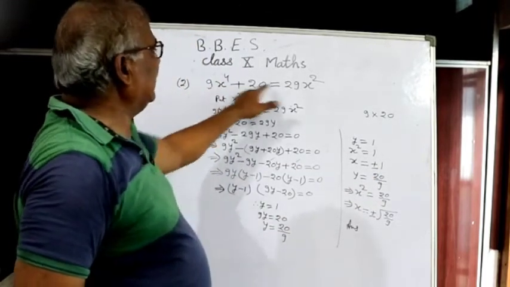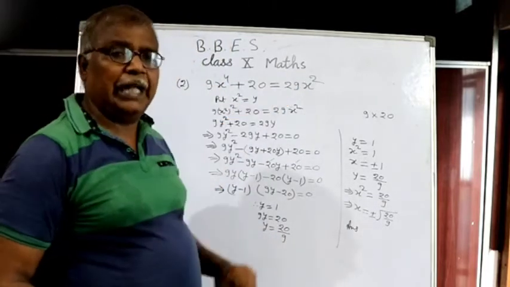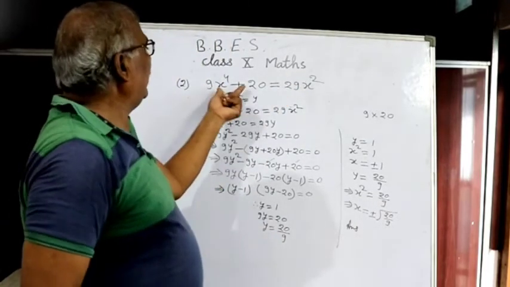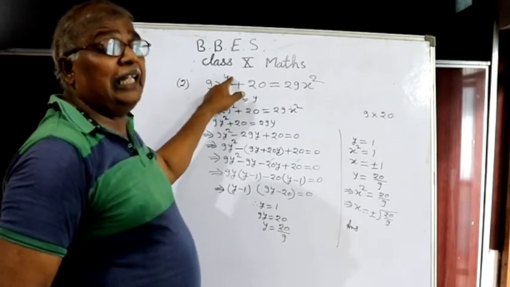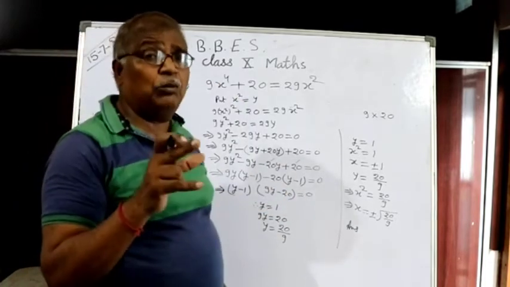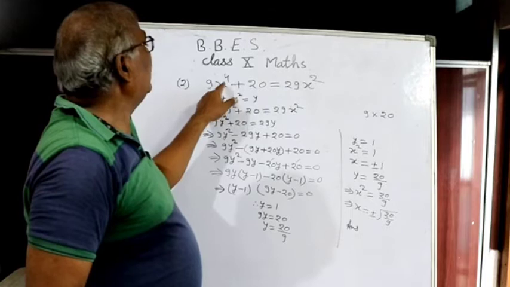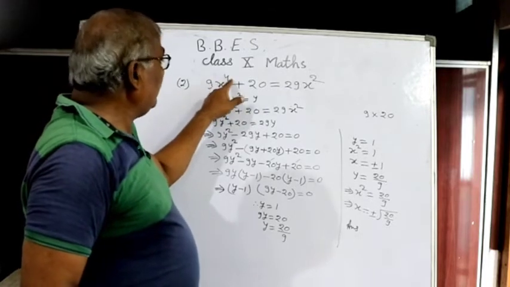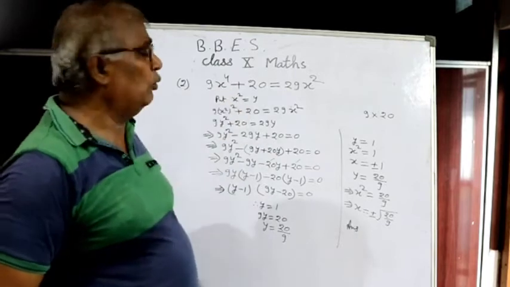Fourth degree equation has four roots. Nth degree equation has n roots. If an equation has power 5, then there will be 5 roots. If an equation has highest power n, then there will be n roots.